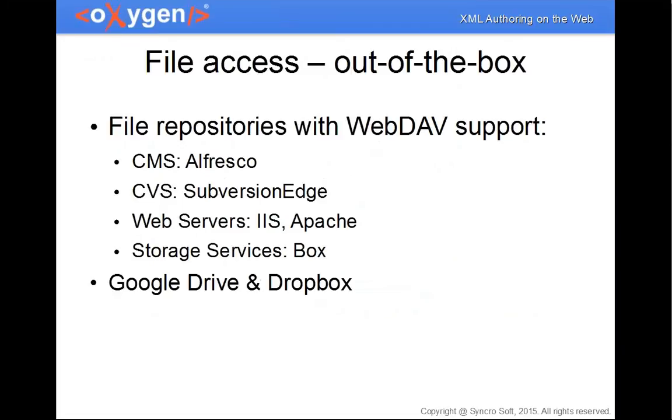We also have integrations with Google Drive and Dropbox. They are also available on our online demo server, and the source code is available on GitHub, so you can integrate them in your own deployment to use inside your company.